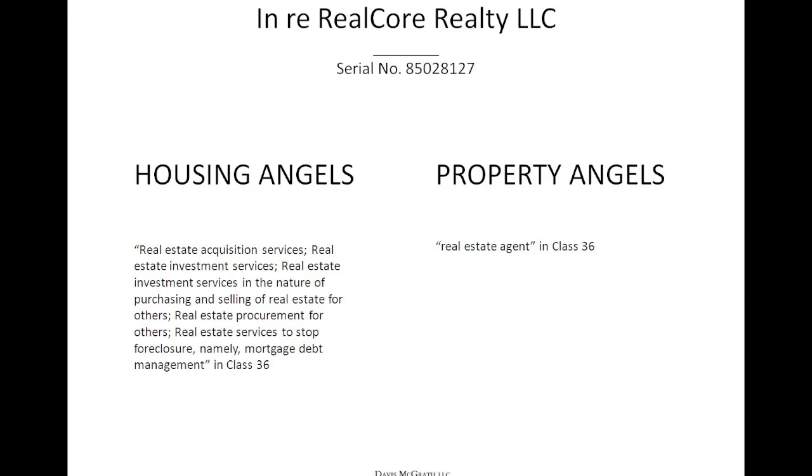The applicant tried to argue that they were sophisticated purchasers. These people, with these large transactions, wouldn't necessarily be confused, but the board noted that even sophisticated purchasers could be confused in a moment of weakness.